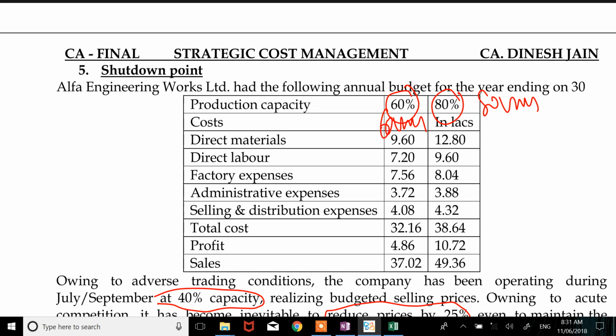So now write in the nature: this is a variable cost as the cost per unit is same for 60 and 80 units.